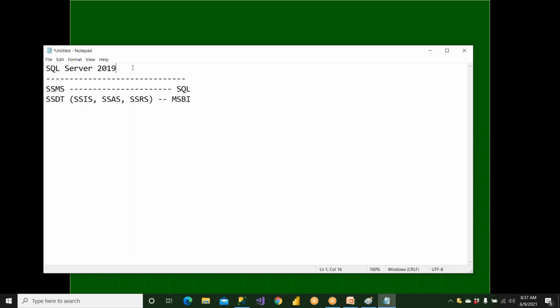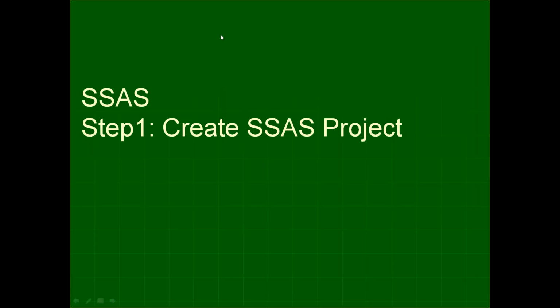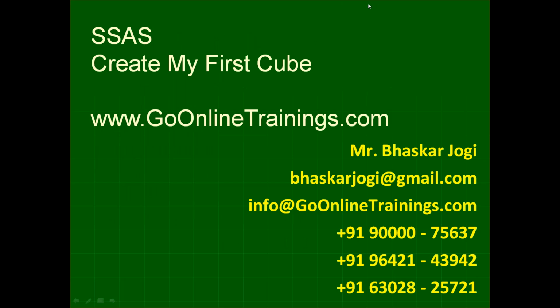To install it, you need to have Windows 10 on your computer, minimum 2 GB of RAM, and any processor. You need a minimum of 100 GB of space on the hard disk. My team will give you the software. You know my team number, right? Just call them. If you don't know it, make a note of this number: 9642143942.